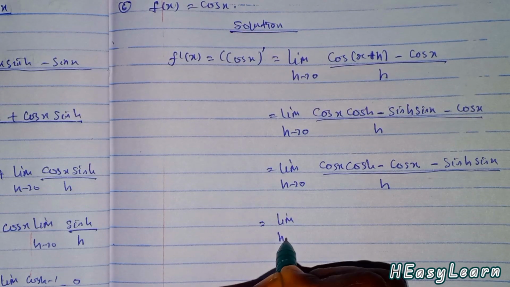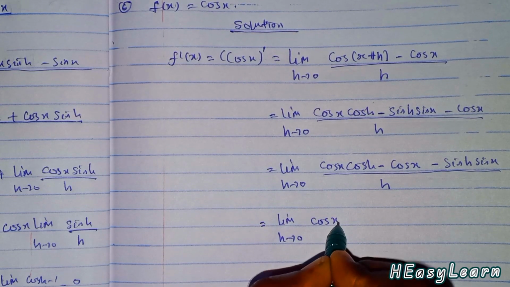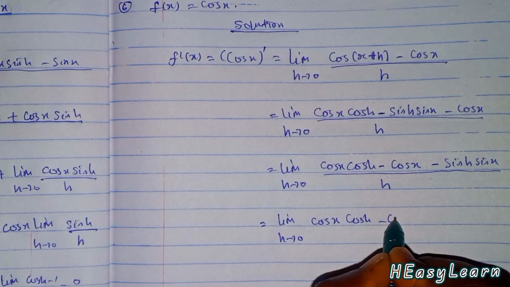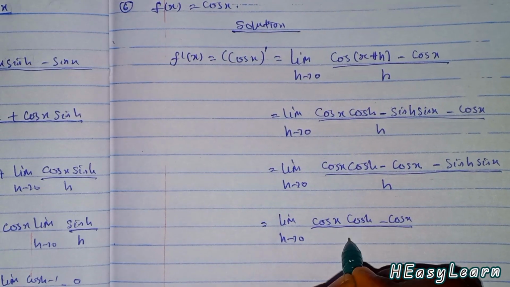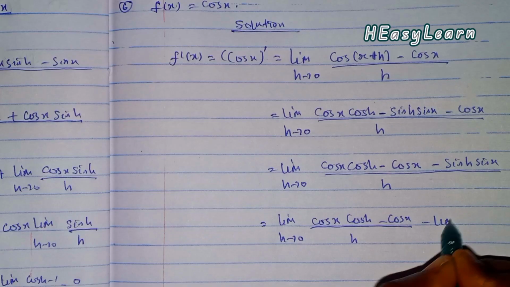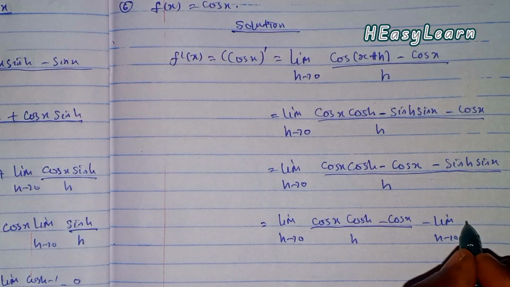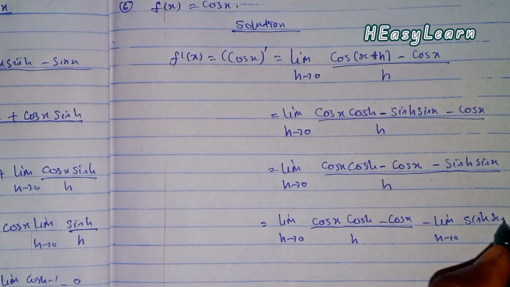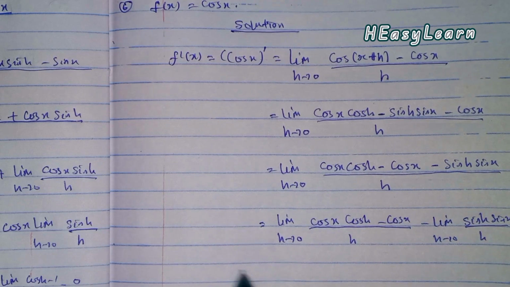Limit of differences is differences of limit. Limit h approach 0 of cos x cos h minus cos x over h, minus the limit h approach 0 of sin x sin h over h.